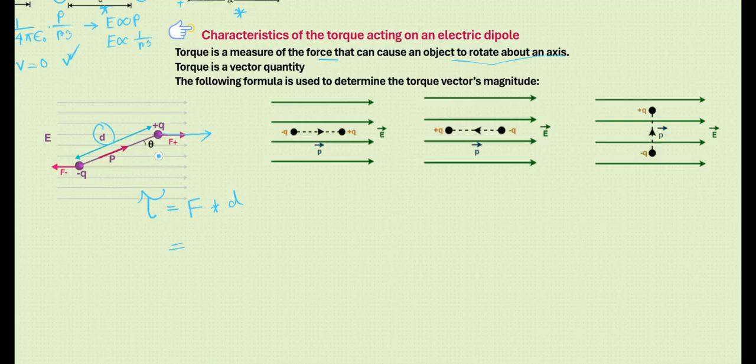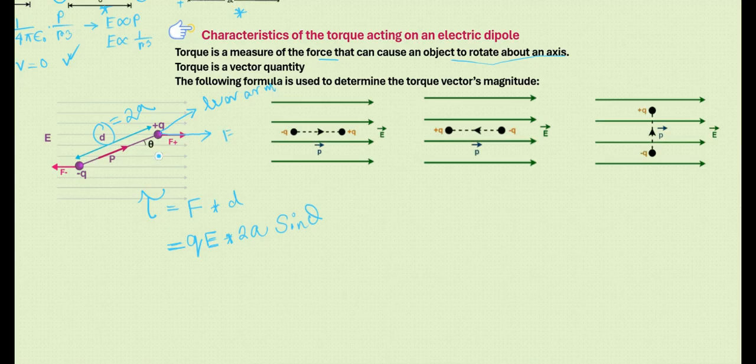And obviously by the definition of force, we could write down charge and the electric field, and the distance we could write down 2a. So let's write down 2a sine theta, because within the dipole, this is the lever arm vector, and obviously this is the force.